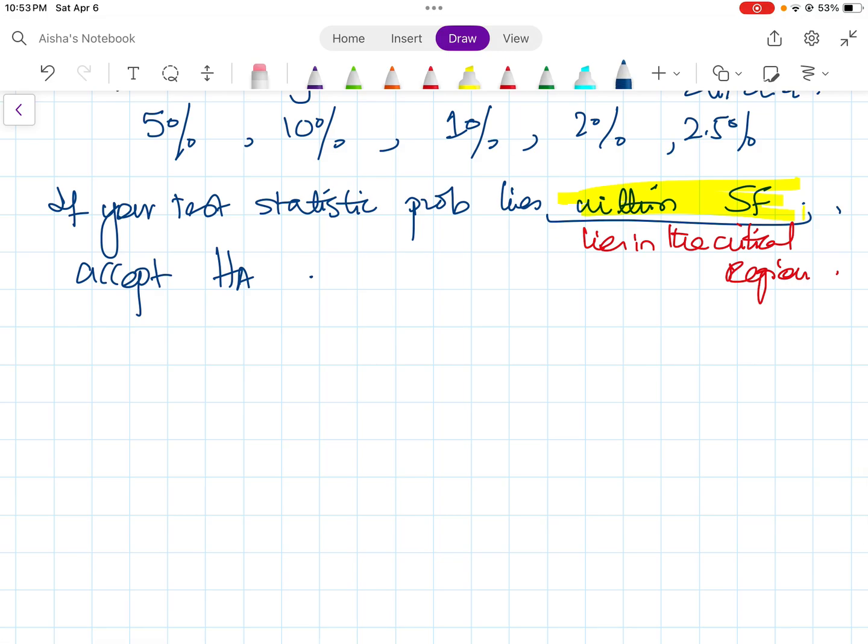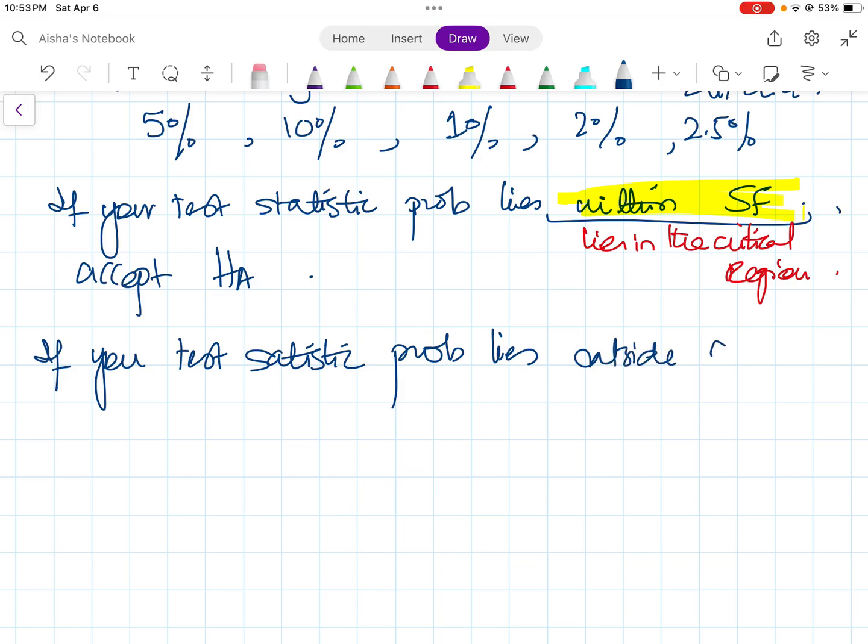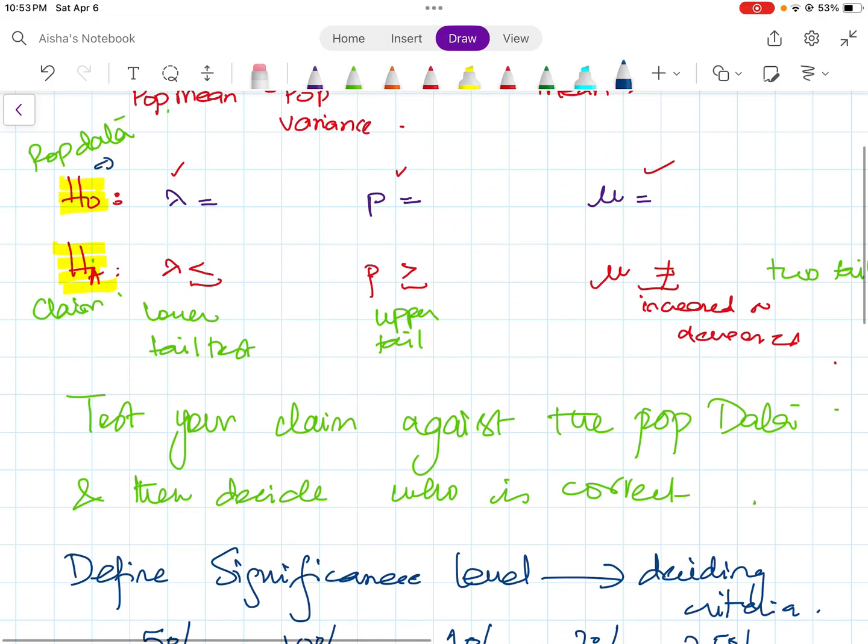If your test statistic probability lies outside significance level, accept the null hypothesis. This is called null hypothesis, and this is called alternative hypothesis.